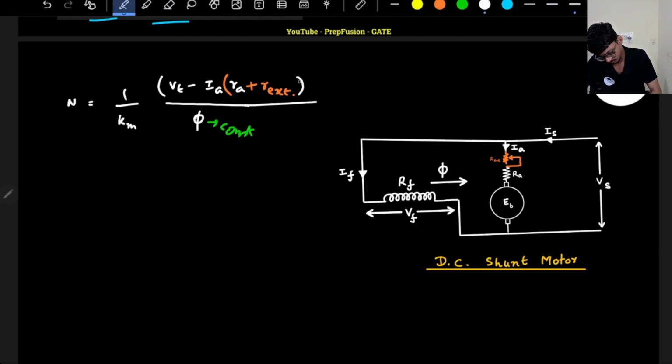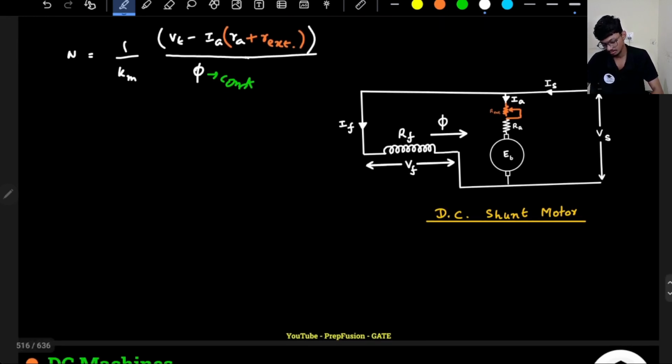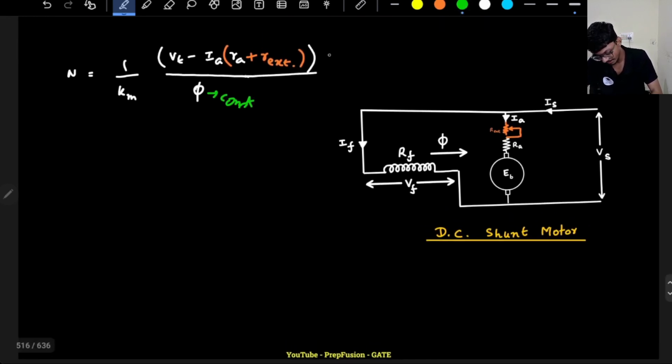So this drop has now increased. If this drop has increased, overall my EB will reduce. If EB reduces, what happens?